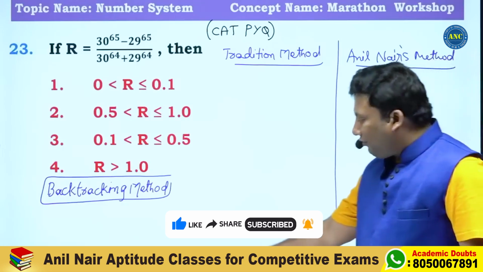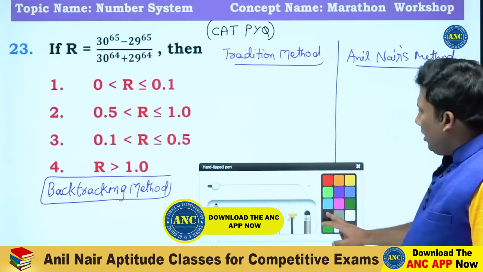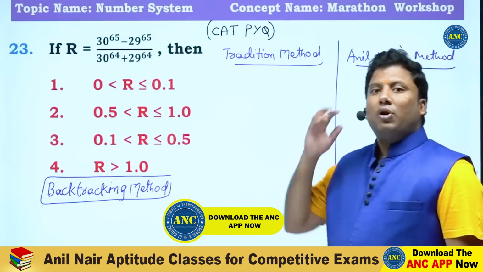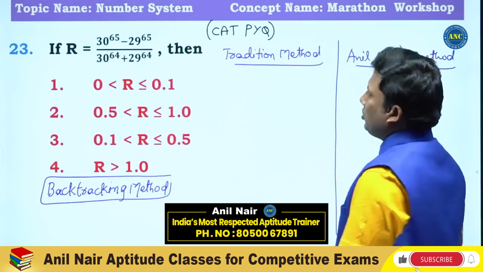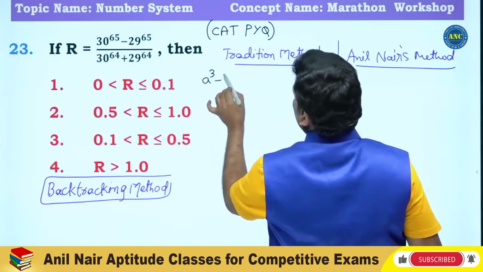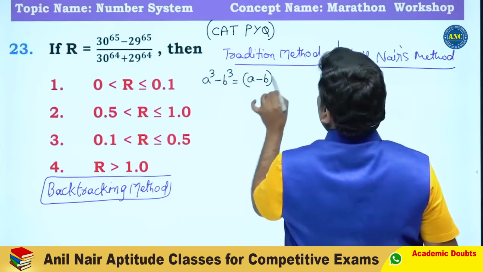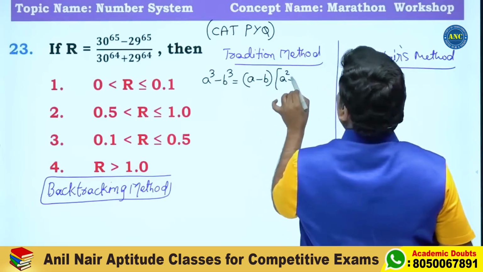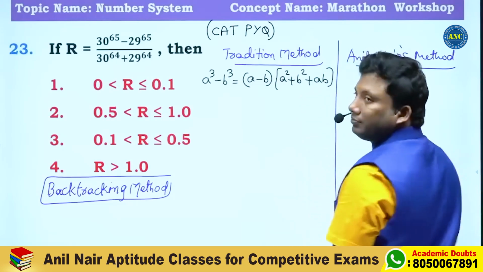30 power 65 minus 29 power 65 by 30 power 64 plus 29 power 64. Which of the following options is true? Traditional method. Now if you see here, a cube minus b cube is a minus b into a square plus b square plus ab. Am I right?